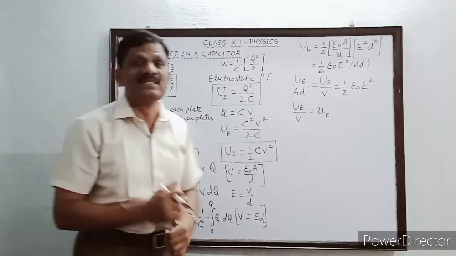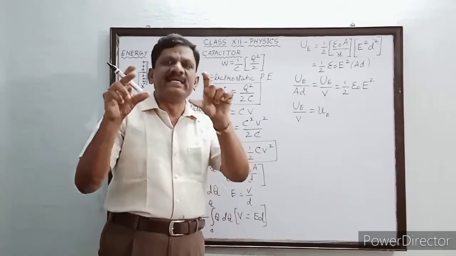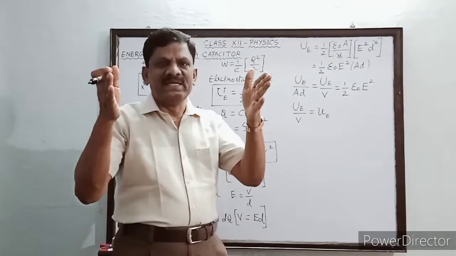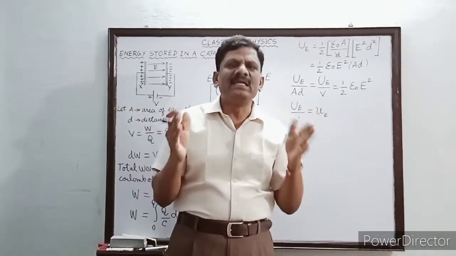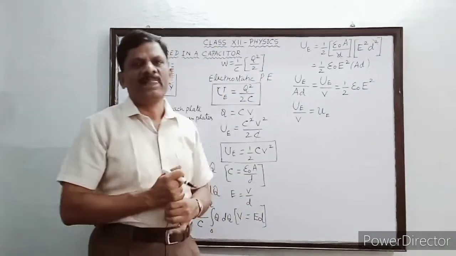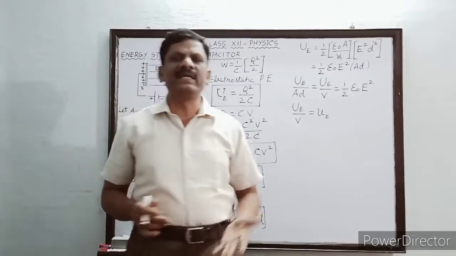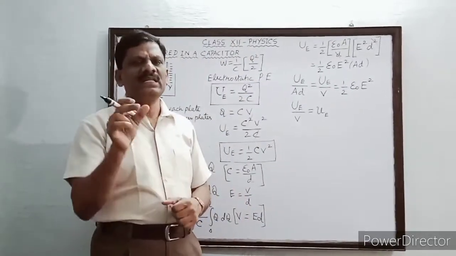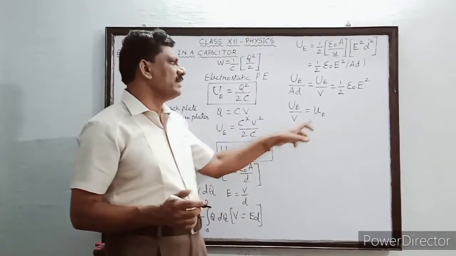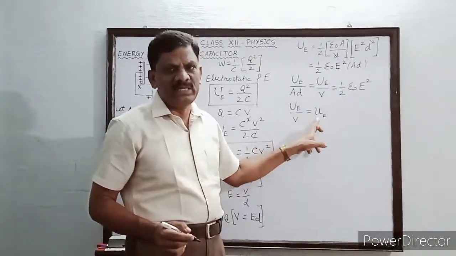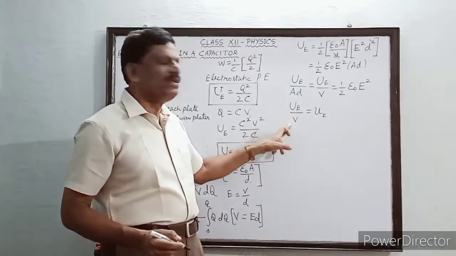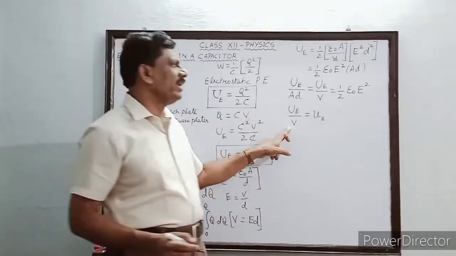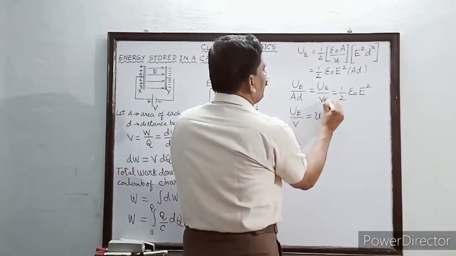That potential energy is stored in the space or volume between the two plates of the capacitor. If you divide that electrostatic potential energy by the volume of the space within the electric field, then what you get is small ue, equal to capital UE divided by volume V. This V is a volume.